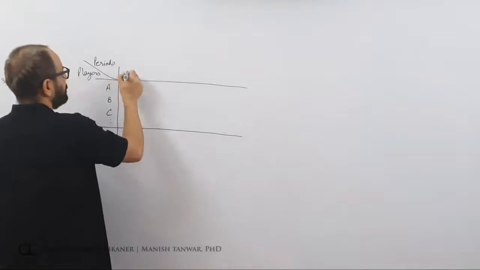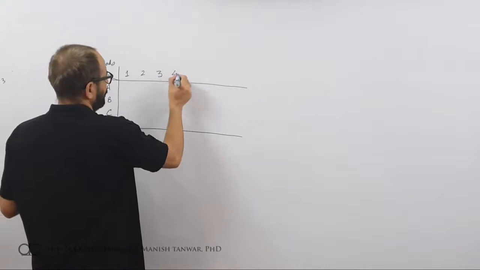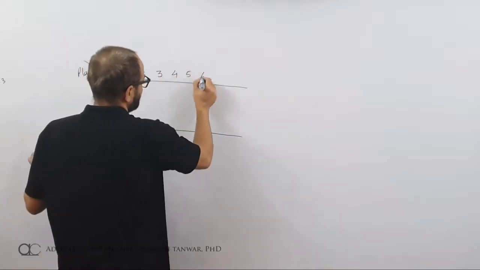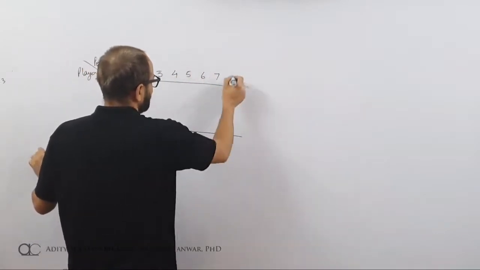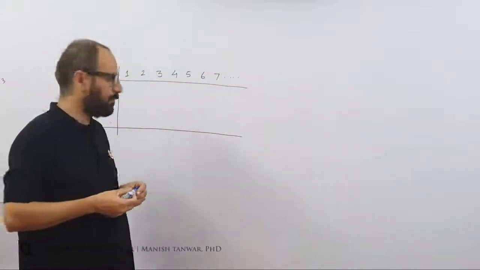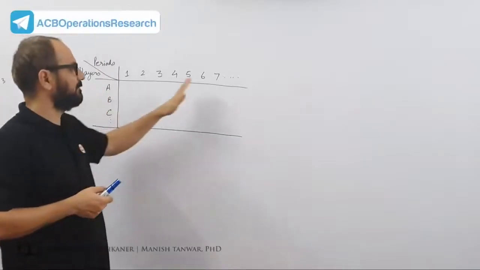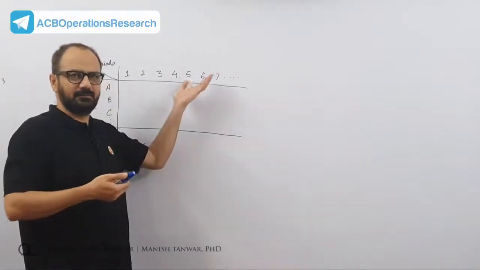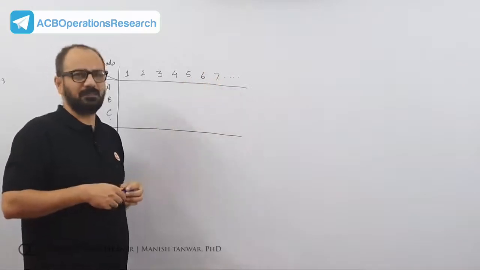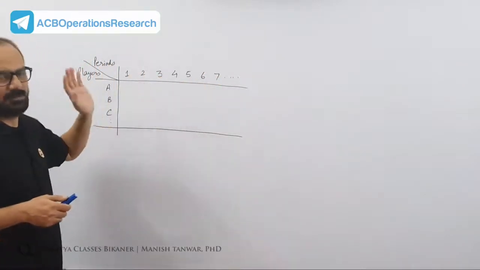Now, periods: first period, second period, third period, fourth, fifth, sixth, seventh period, and there could be n number of periods. So, we are taking a very simple situation where we have 3 players and we will simulate the situation for 7 periods.